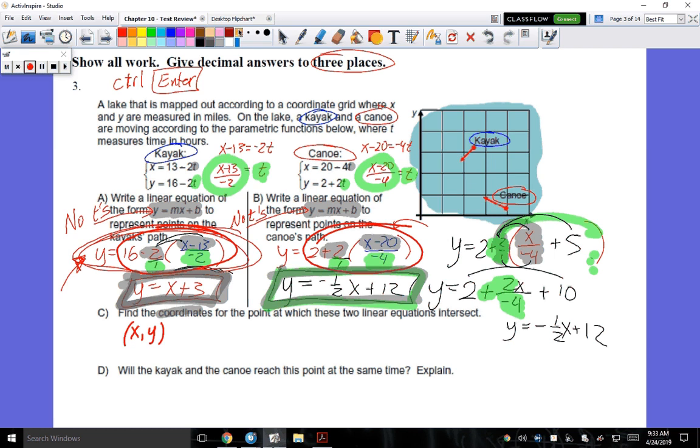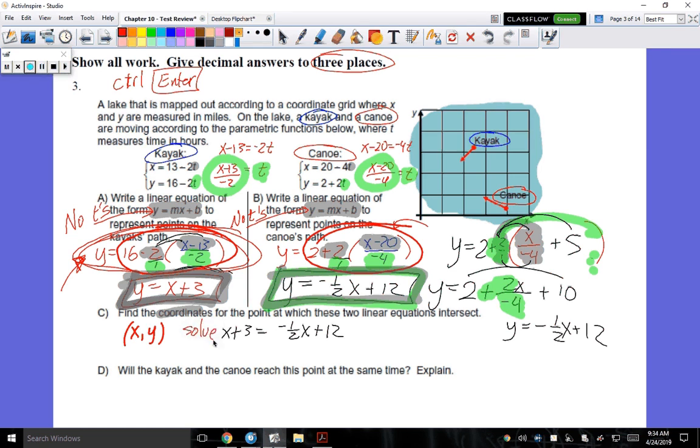So let's solve for the x first. What I'm going to do is set this equation of x plus 3 equal to, let me make that a little bit cleaner, this negative 1/2 x plus 12. And yes, you can do this by hand and you can solve for x. Or if you wanted to solve for x here, let me show you real quick with the calculator.